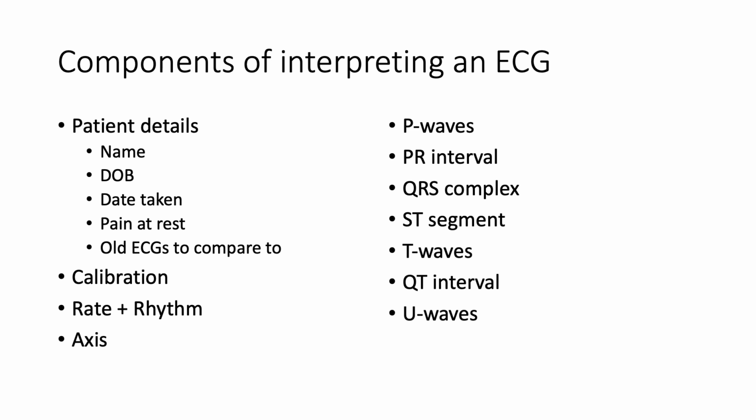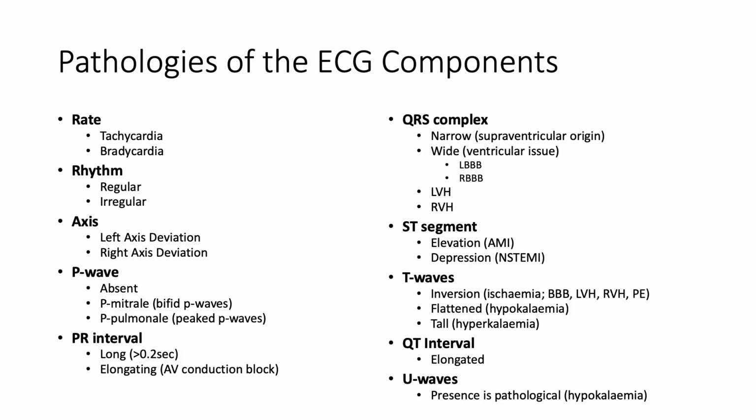Also having a look at the calibration, the rate and rhythm, if there is a normal axis, the P waves, PR interval, QRS, ST, T, QT, and the U, which I'm sure you all know as the components. So this slide here talks about what can happen at each of those steps. When you look at the rate, is it fast, is it slow? The rhythm can be irregular or regular, etc. You can read. These are probably pretty much all of them as far as we need to know.